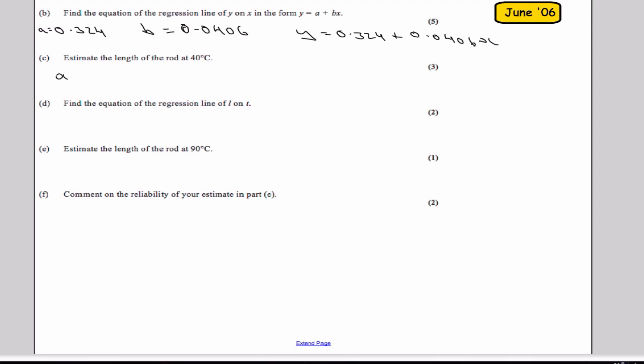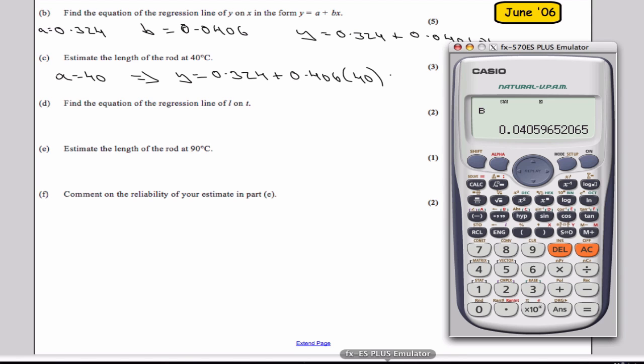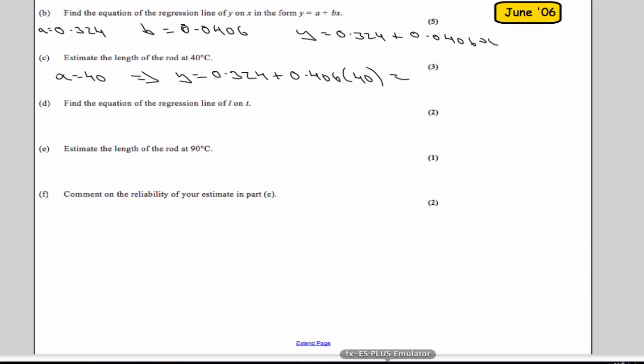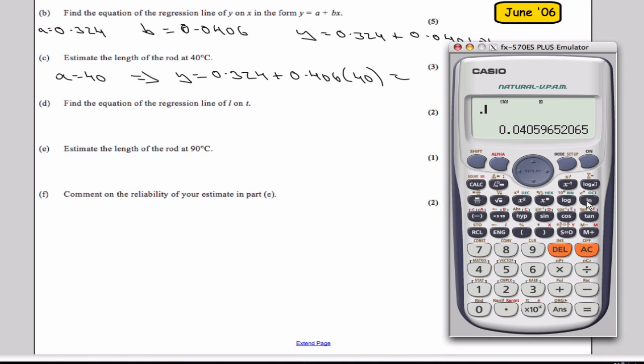I'm going to let x equal 40, and that gives me y equals 0.324 plus 0.0406 times 40. We get 16.564.